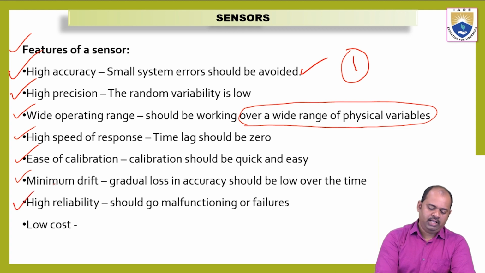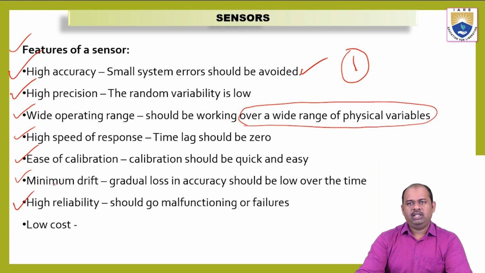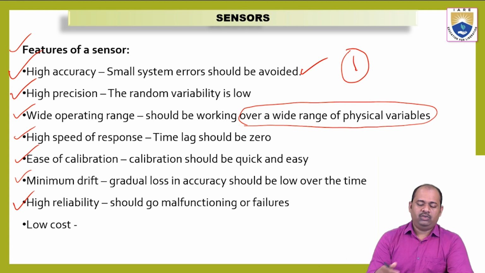And then high reliability. Any sensor we have taken should be very reliable. Whatever information is given by the sensor should be reliable, because this sensor information is taken to the controller, and any wrong information will cause the entire machine to fail.